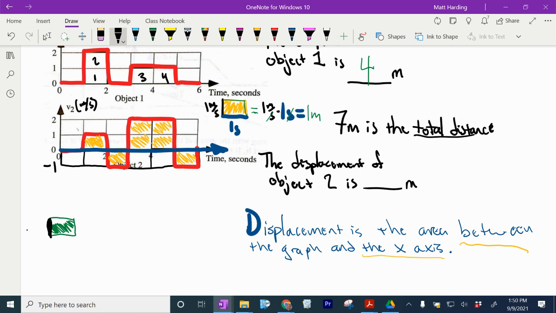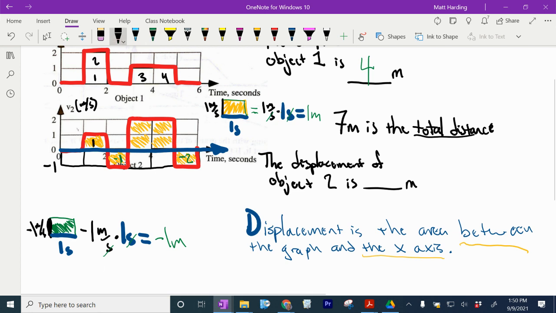So this side is -1 meter per second. The bottom of it is 1 second. So then I would say -1 meter per second times 1 second equals -1 meter.